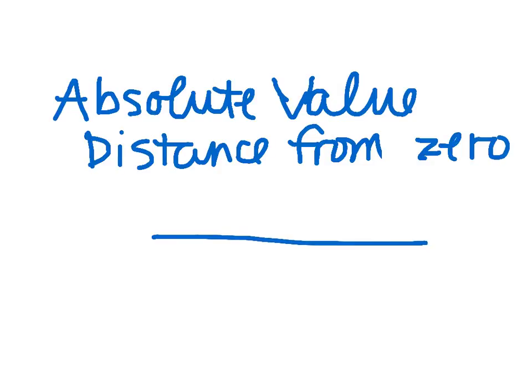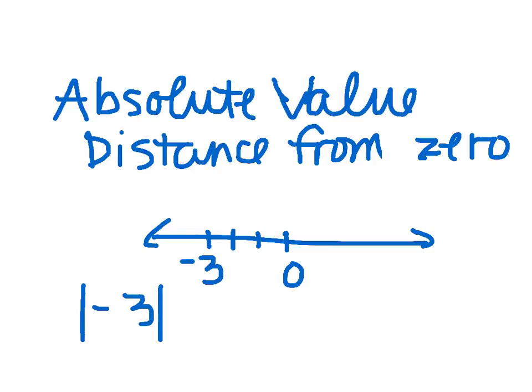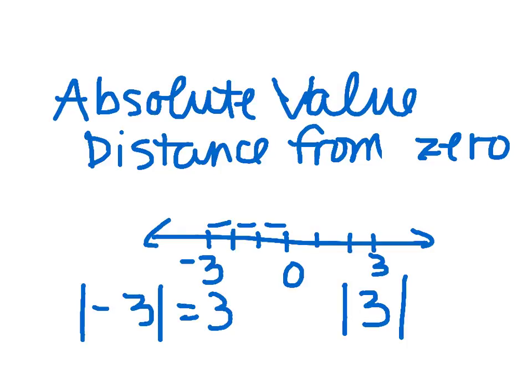So here's my number line, and here I've got 0. And if I want to take the number -3, I go 1, 2, 3. This number is -3. So the absolute value of -3 is 3 units, or 3. By the same token, if I want to know the absolute value, and these straight lines here are the symbol for absolute value, I've got 3 out.